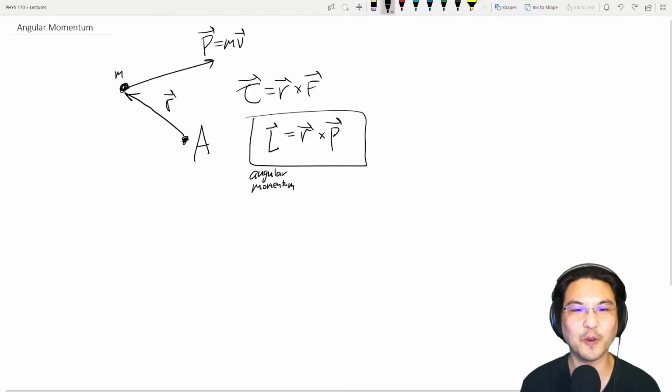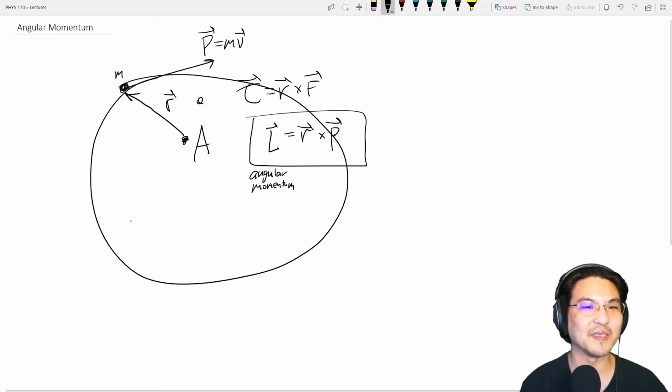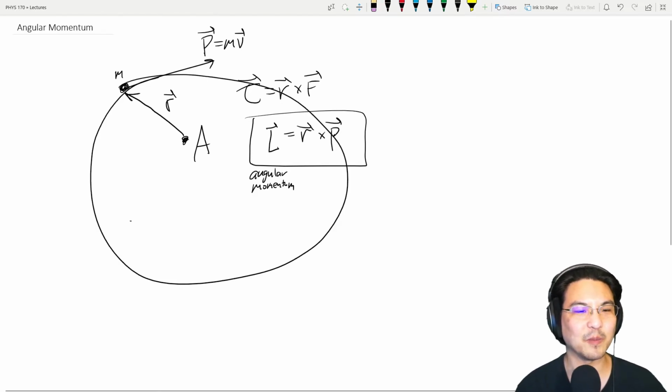Okay, so that is for a single particle. What if instead you had a bunch of particles? Then you would just add them all up, sum, but then imagine if it were a rigid body, like a disk, like this. You basically add up the angular momentum for every single molecule in this rigid body. And I'll just tell you the answer.